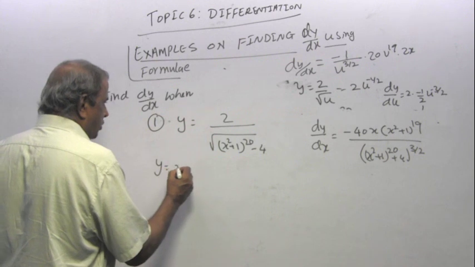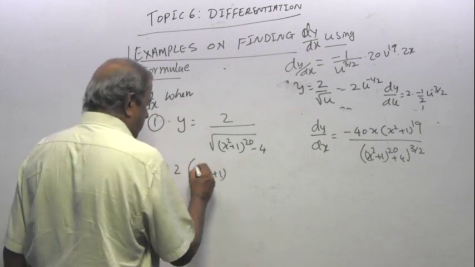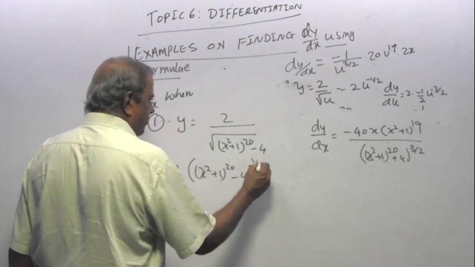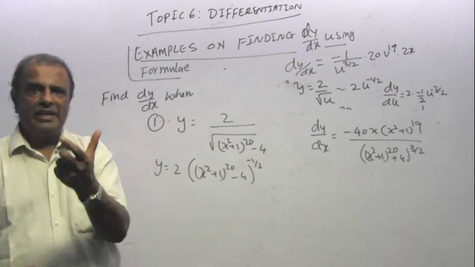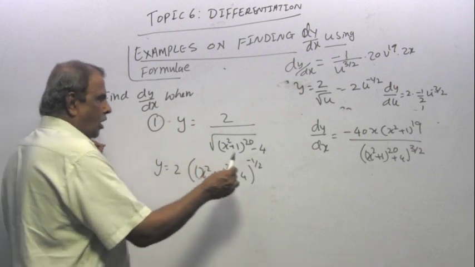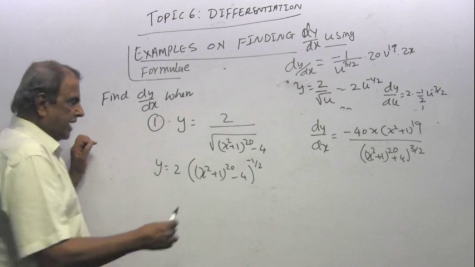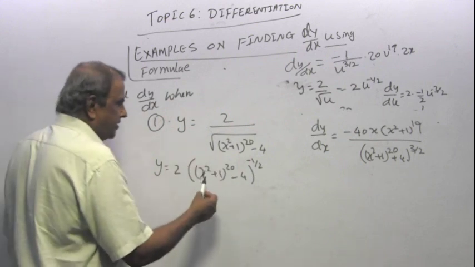So y equals 2 times ((x squared plus 1) power 20 minus 4) power minus half. As I said, imagine this to be an onion. One layer is power minus half. Second layer is power 20.